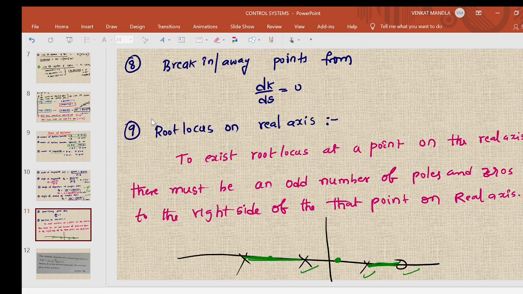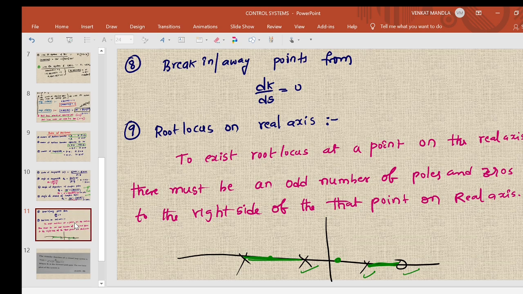The eighth point is not going to be changed, dK by ds equal to 0 only. But the ninth point is important. For a root locus of a negative feedback system, to exist at a point on the real axis, there must be an odd number of poles and zeros to the right side of that point. But for a complementary root locus plot of a negative feedback system, there must be an even number of poles and zeros to the right side of that point.